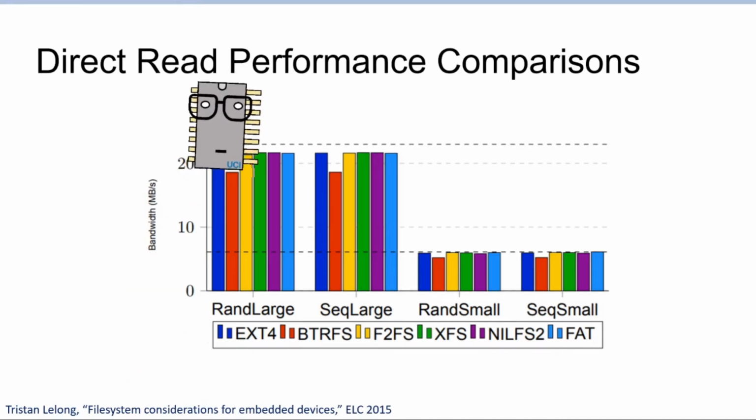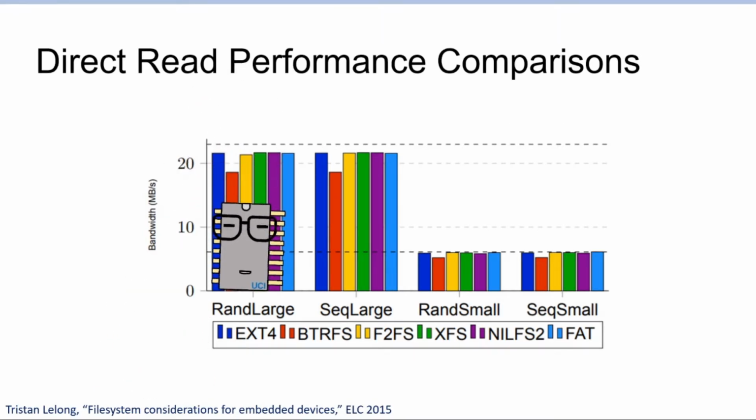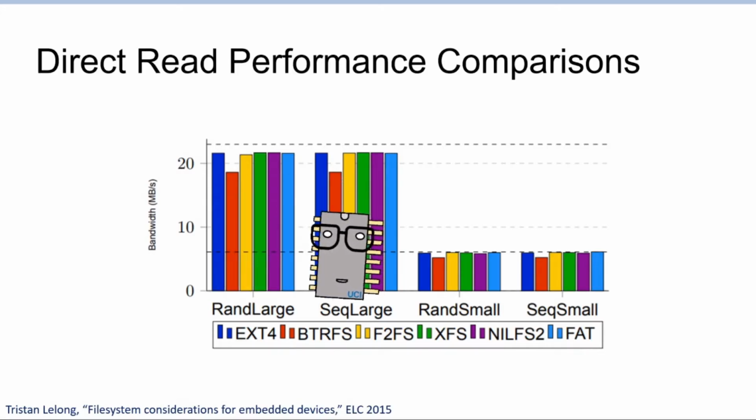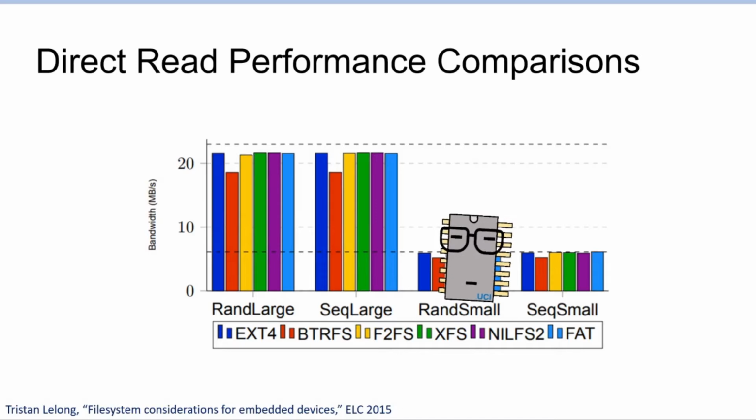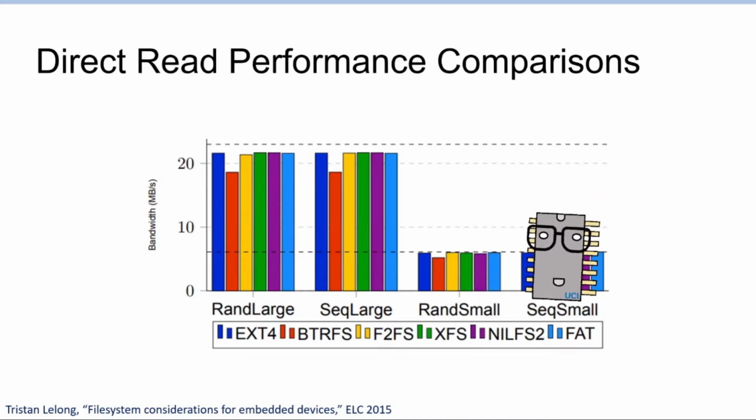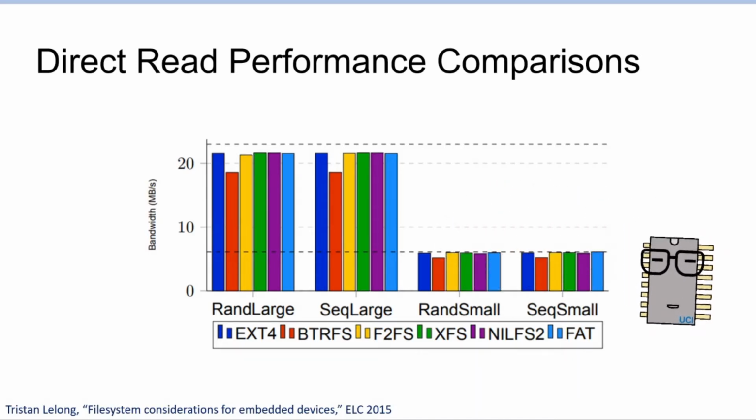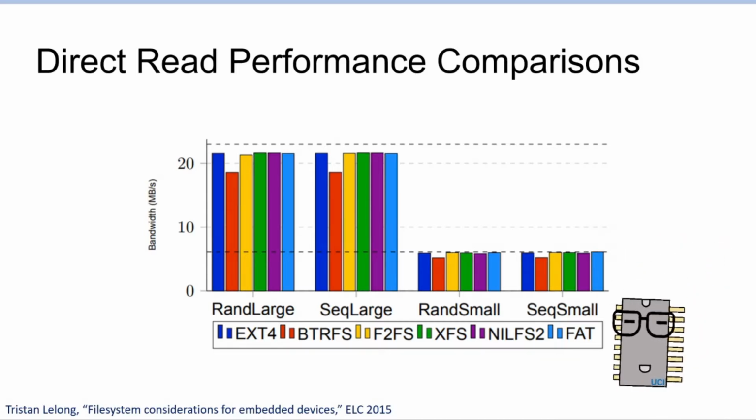When we do reads, regardless of whether we do random reads at large granularities or sequential reads at large granularities, random reads at small granularities and sequential reads at small granularities, there's not much performance differential between flash optimized file systems and regular file systems.